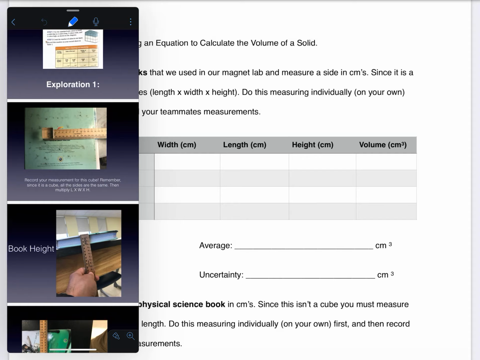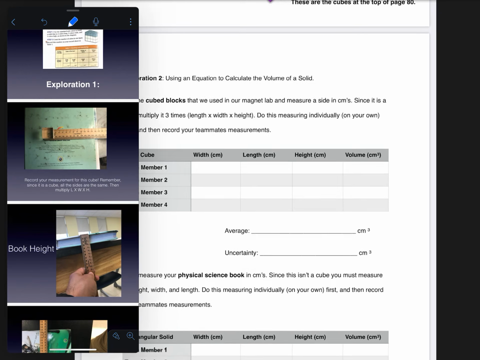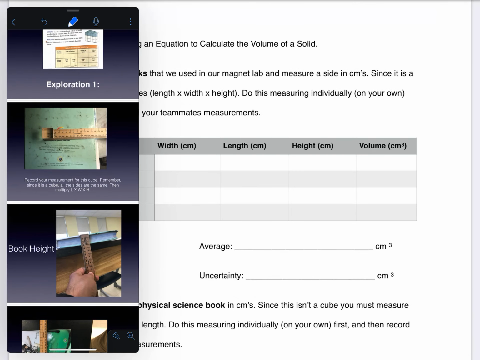I want you to take a look at my keynote that I developed, and read the ruler with that cube that's right here. Read that one. If you have to make the keynote bigger, do so that you can take that measurement, and you're team member 1. We'll get to team member 2, 3, and 4 in a minute.